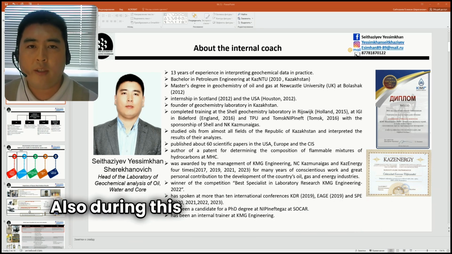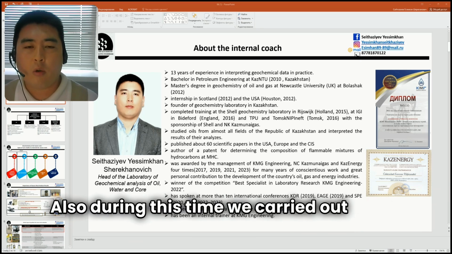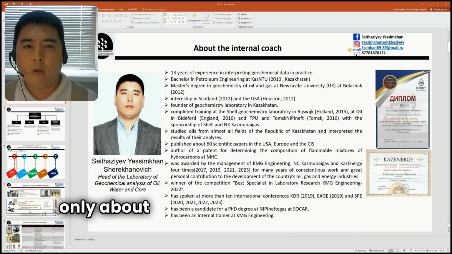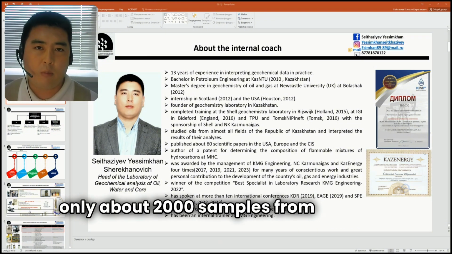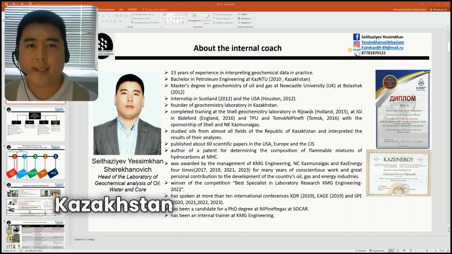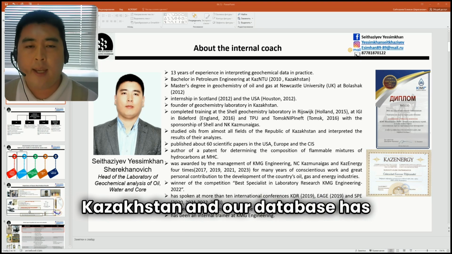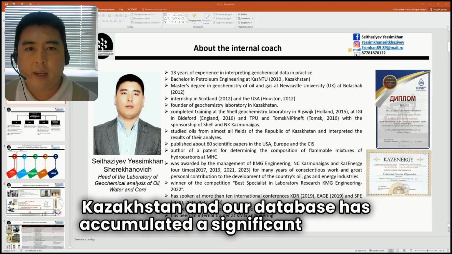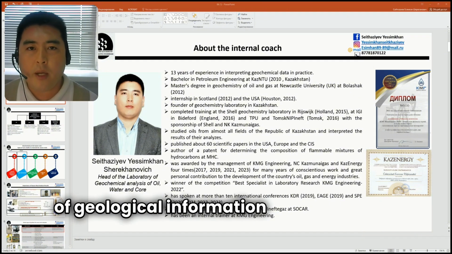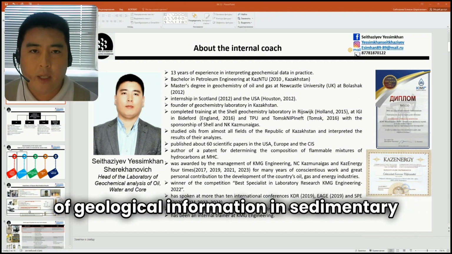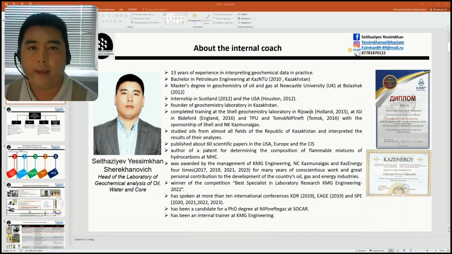Also, during this time, we carried out Rock-Eval pyrolysis on about 2,000 samples from about 50 fields in Kazakhstan, and our database has accumulated a significant amount of geological information in sedimentary basins.